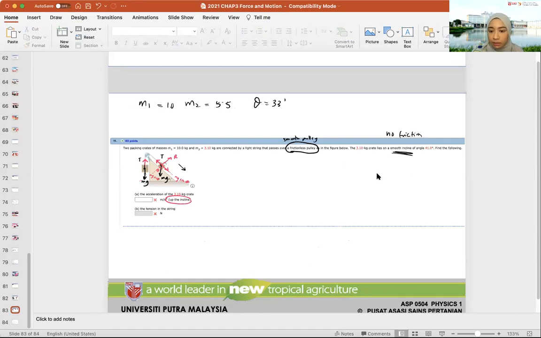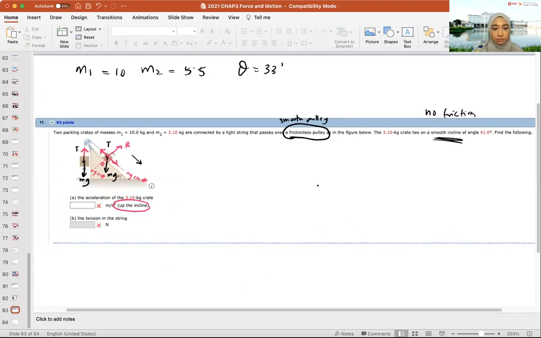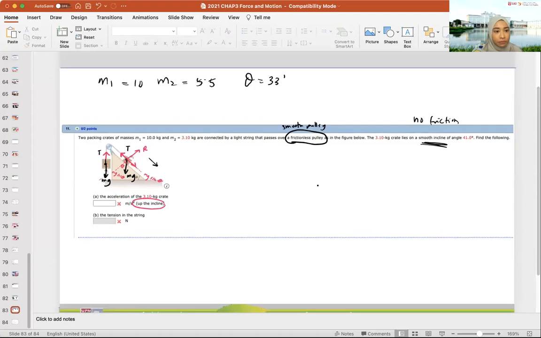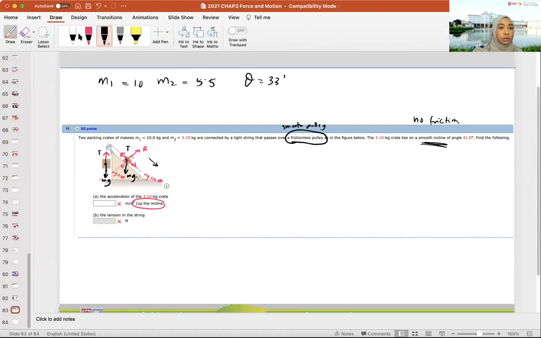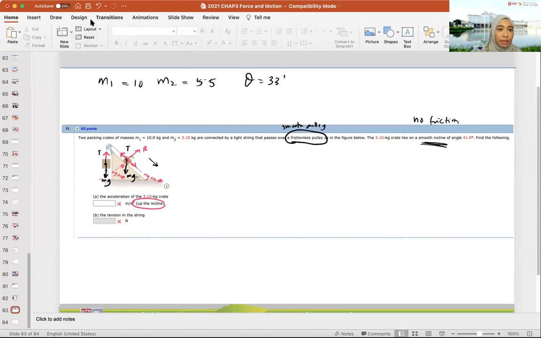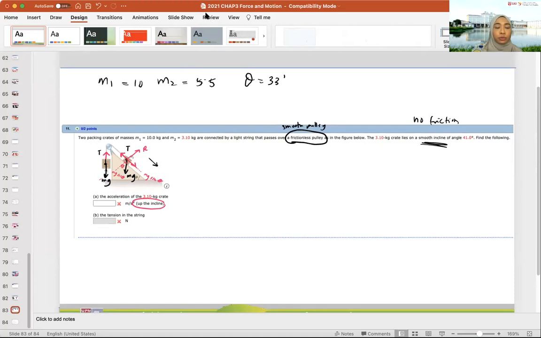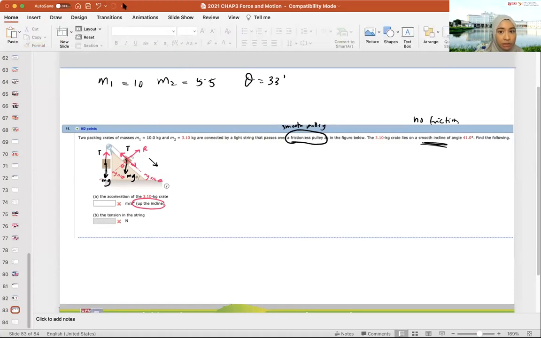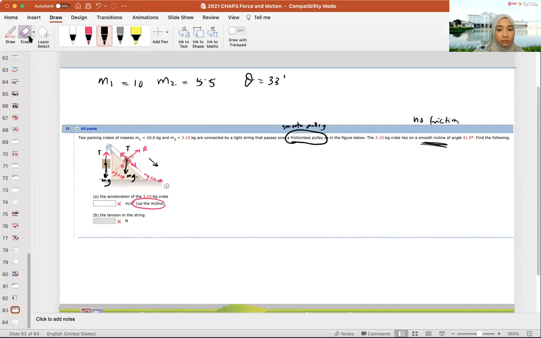So let me make this bigger. Okay. So free body diagram should be the same, only the values yang lain. Macam korang punya web assign juga. Saya punya web assign pun jawapan lain juga daripada korang. So I won't know what you guys punya value are. Sebab tu saya tak boleh nak bagi jawapan pun. Kena buat juga.